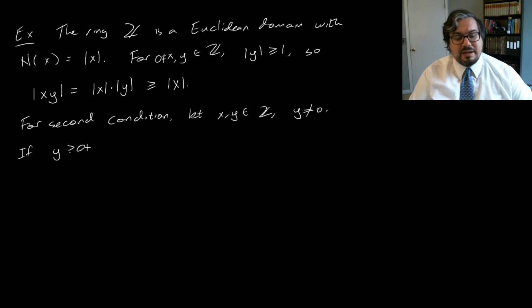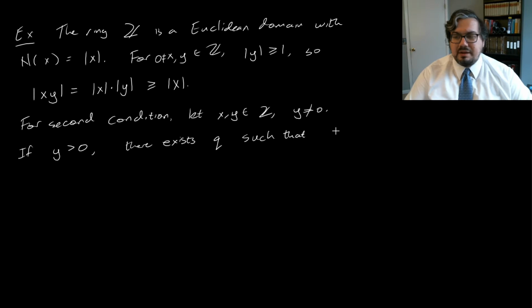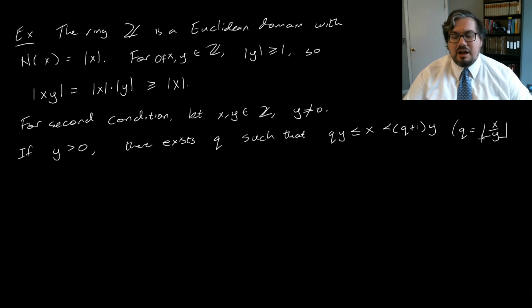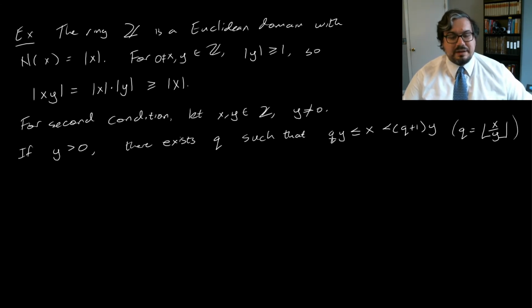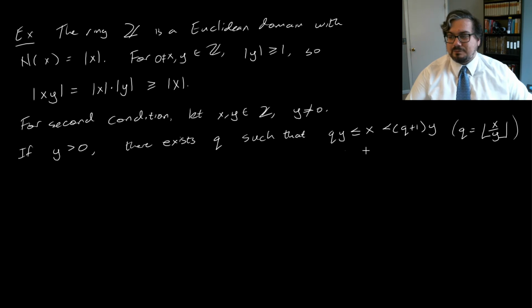First of all, if y is greater than 0, then there exists some q such that q times y is less than or equal to x, which is less than q plus 1 times y. In fact, we can say exactly what this is. This q will be equal to x divided by y, rounded down to the nearest integer. So if y is positive, then we can always find a q that makes this happen.